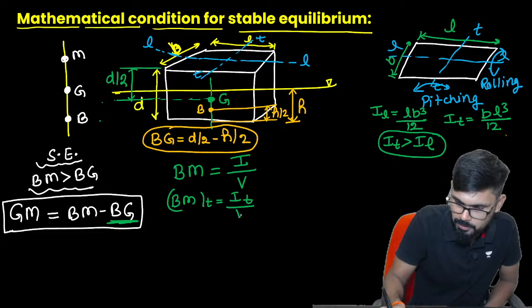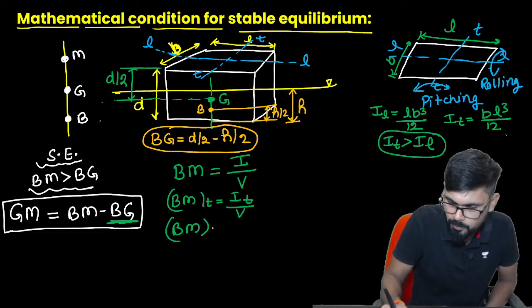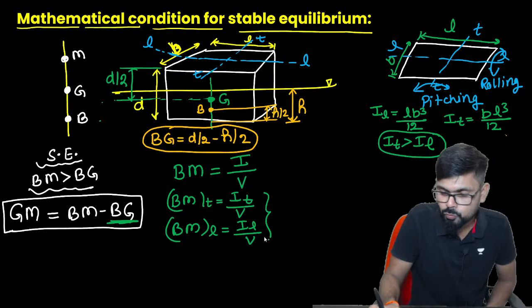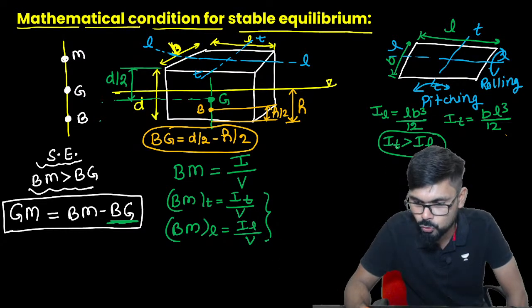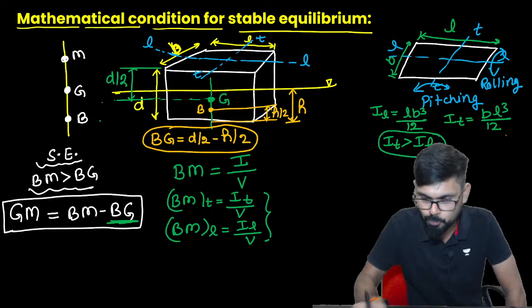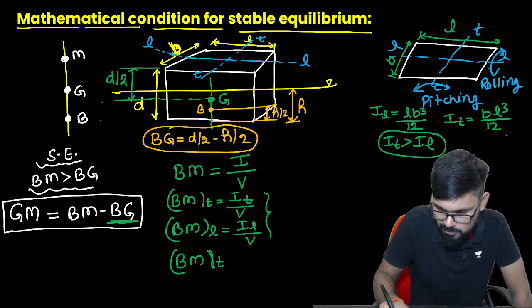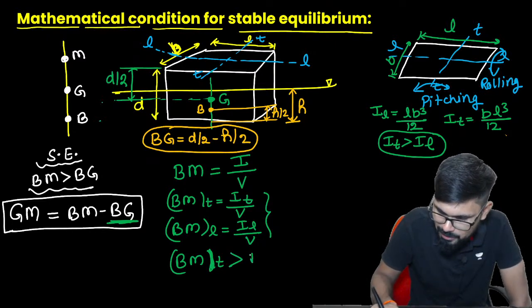IT by V. Now BM for the longitudinal axis will come IL by V. Clear? Now we just saw that the IT value is more. So the BM value of the transverse axis is actually greater than BM of the longitudinal axis.